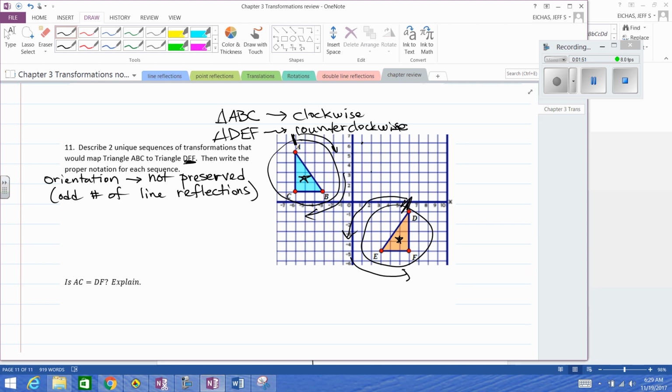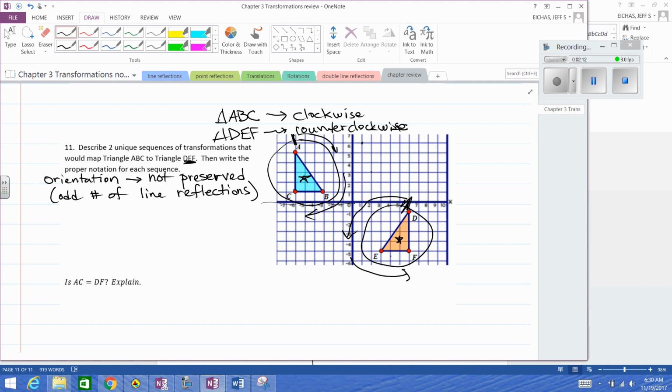So I'm going to go with 1, and what I'm looking at is if I reflect over a line that is horizontal, I'm still going to have to rotate or do something to the figure. I'd rather not do that.